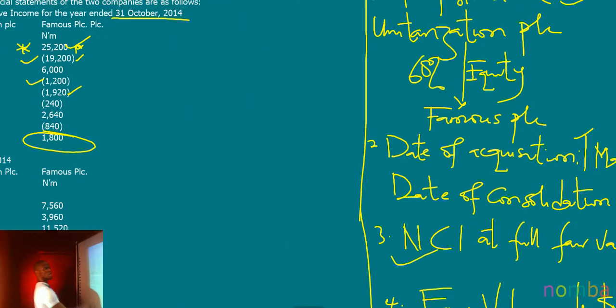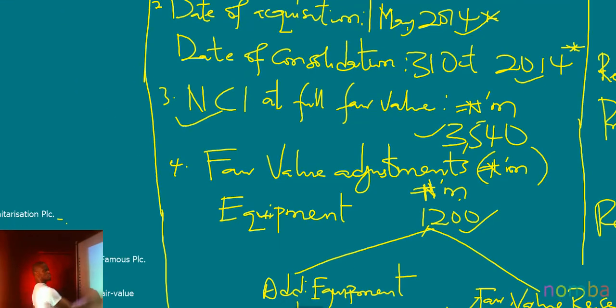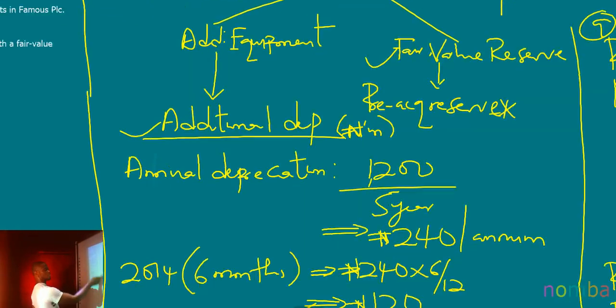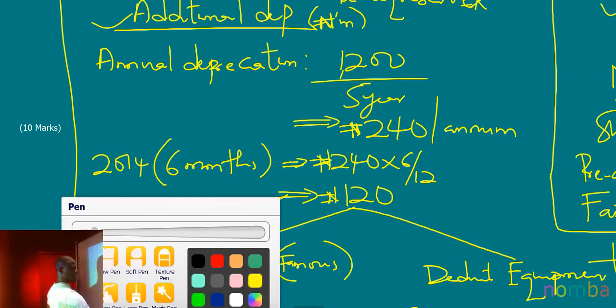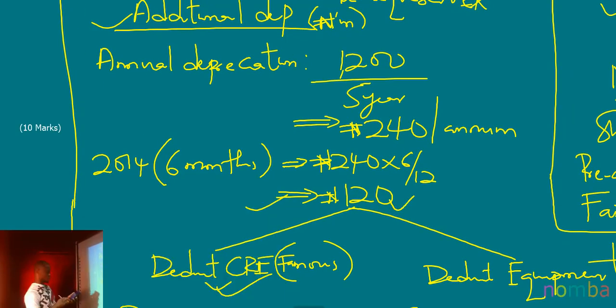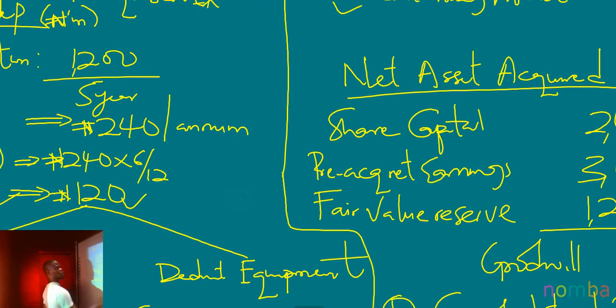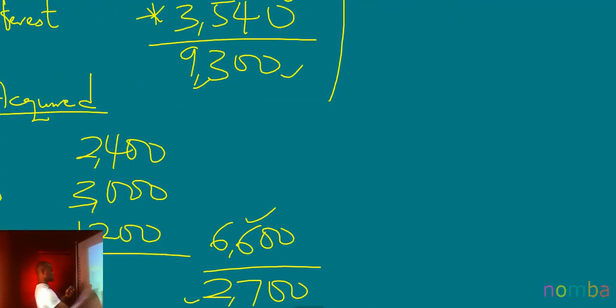And the consolidation adjustment that will be added to the administrative expenses will of course be the additional depreciation. The additional depreciation that we got as 120 million. So I will add here 120 million. Okay. And that's the only additional information that will affect the administrative expenses.